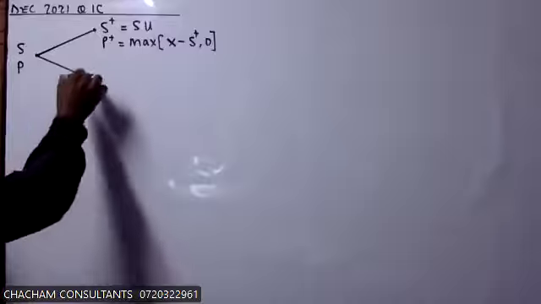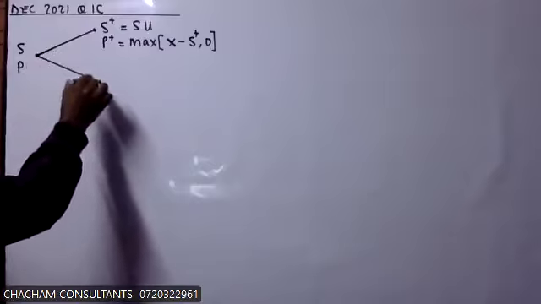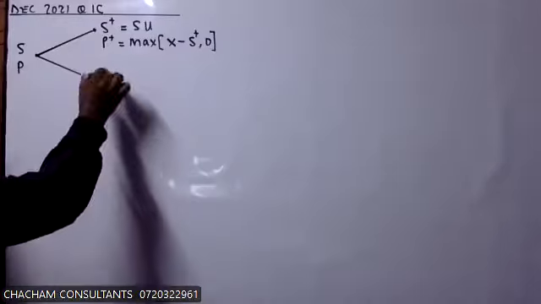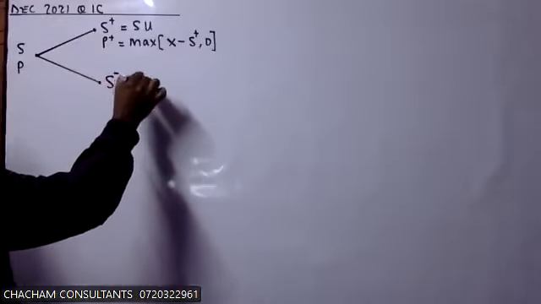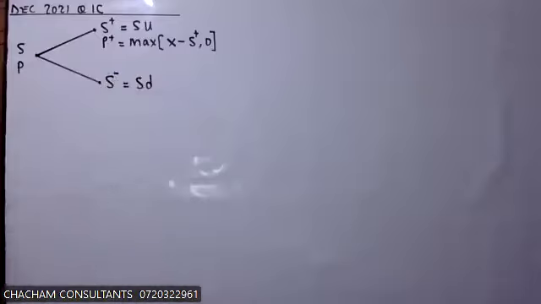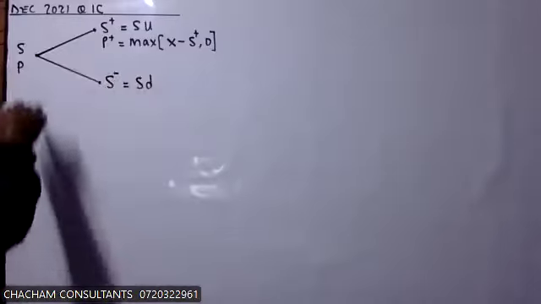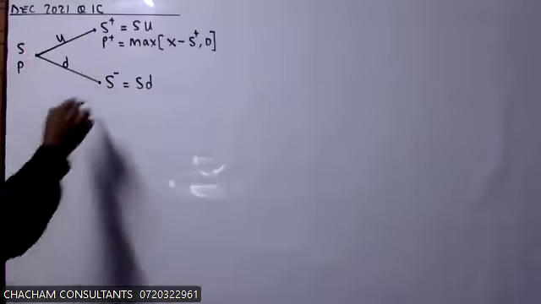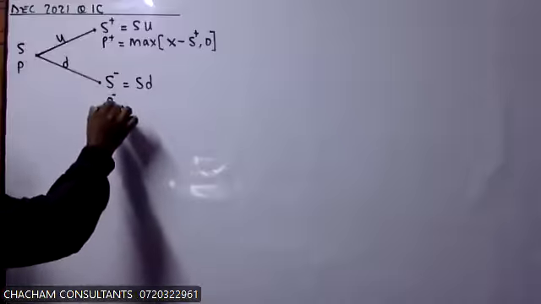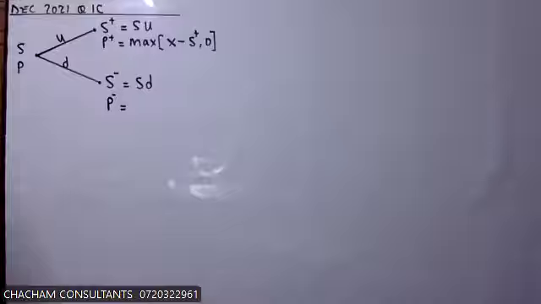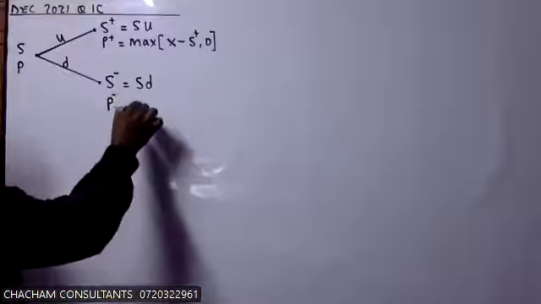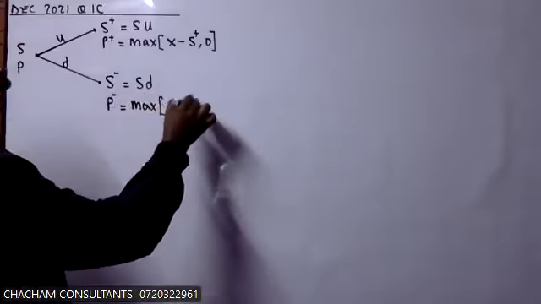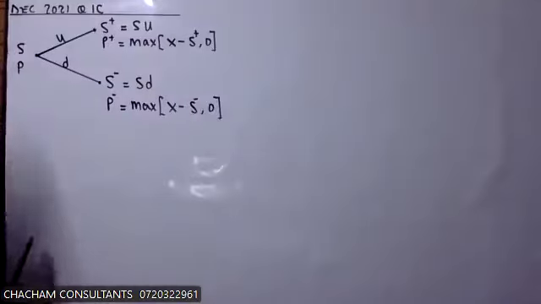Then if we go down here, it will be S negative, which is S multiplied by D, the down movement. Maybe we could label this U and this D. So our P negative, or P down, will be the max of the exercise price minus the price of the underlying, and 0.